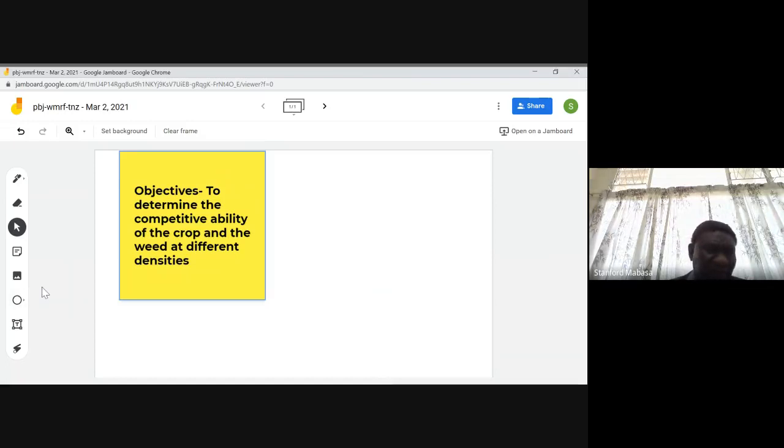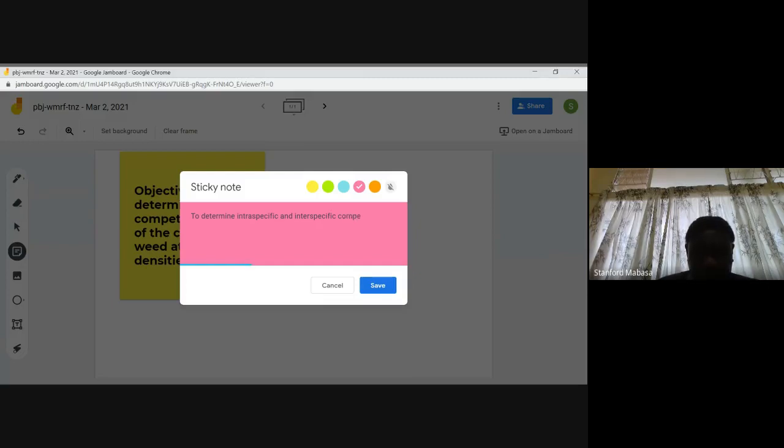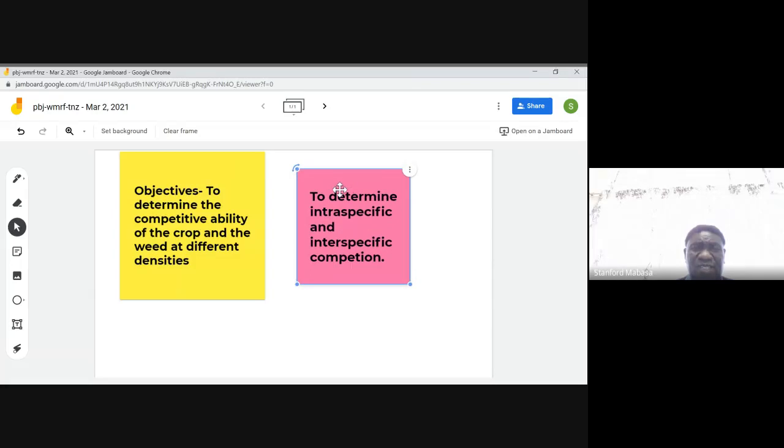The other objective is to determine intraspecific and interspecific competition. This is the second objective.